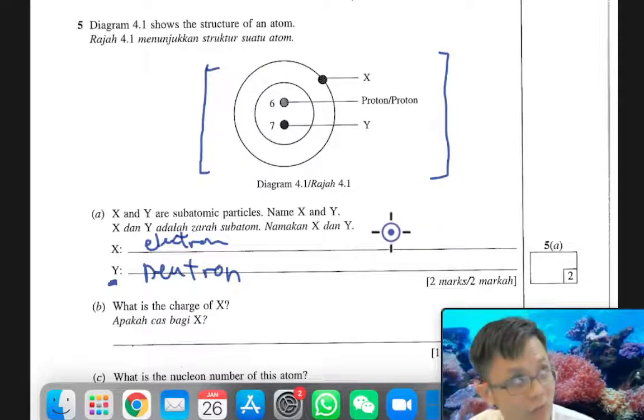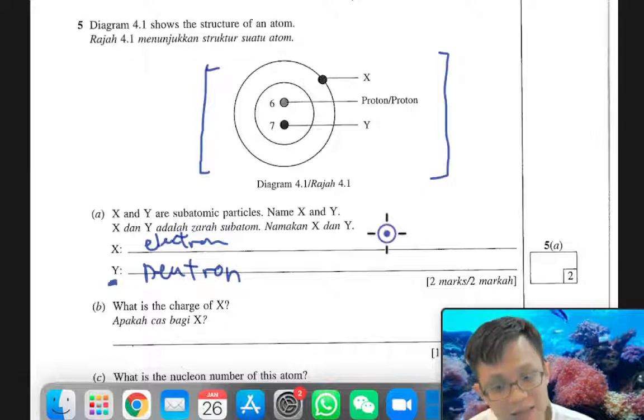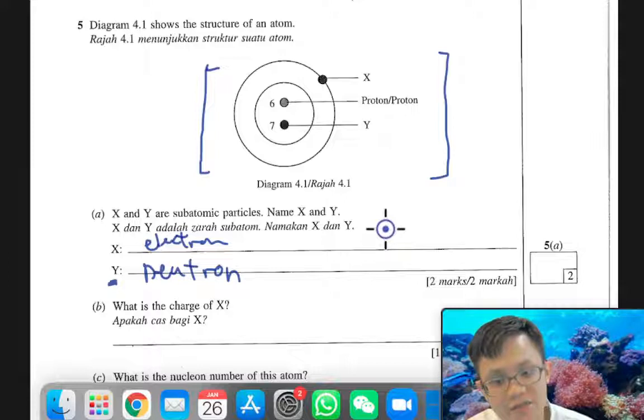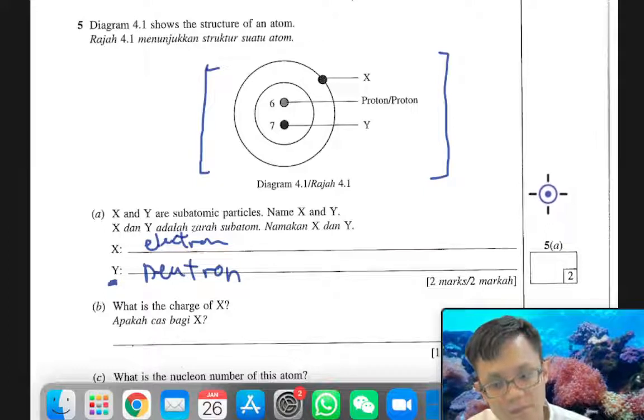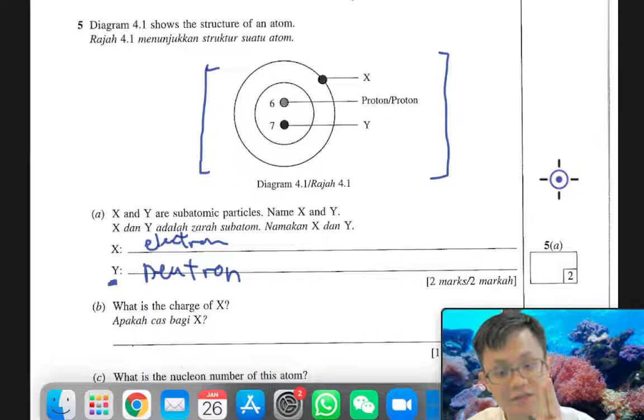But after a few more years, they proved this wrong because they could split the nucleus. What is the reaction called when you split the nucleus? Nuclear fission. Fusion is a combination. Fission is the splitting.